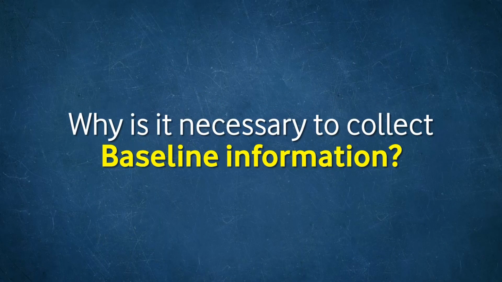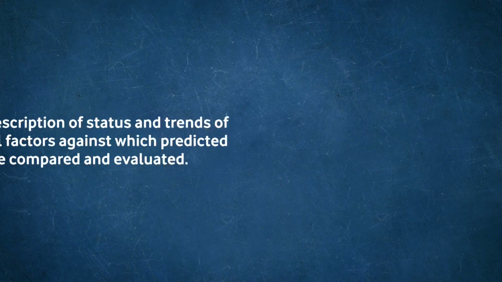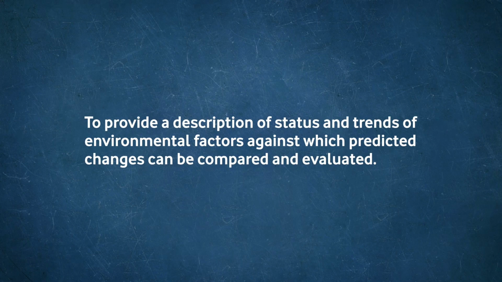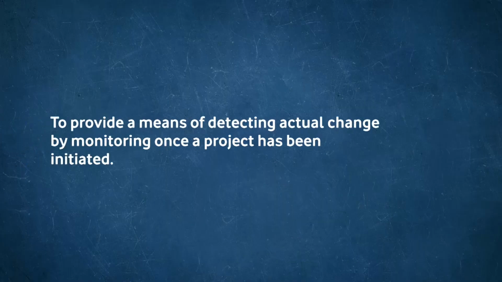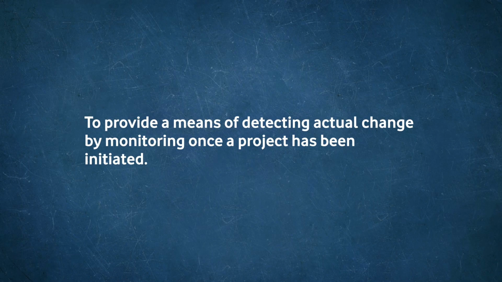It is necessary to collect baseline information to provide a description of the status and trends of environmental factors against which predicted changes can be compared and evaluated. The data we are using is used for predicting the changes which are likely to happen, and then it helps to provide a description of the status and a means of detecting actual change.